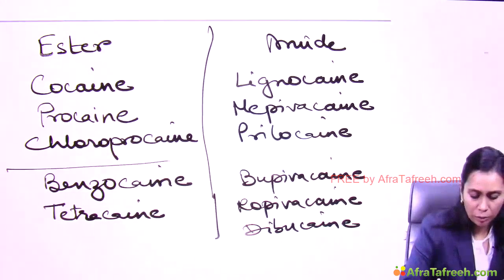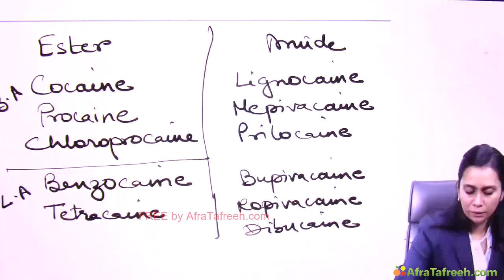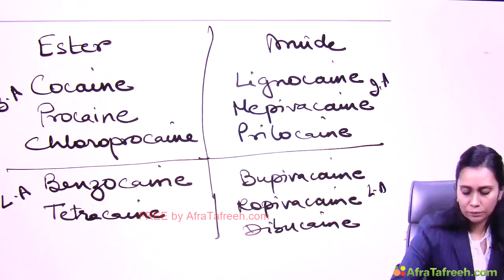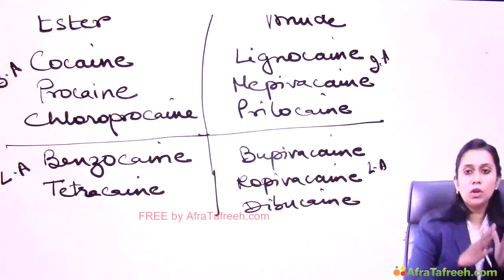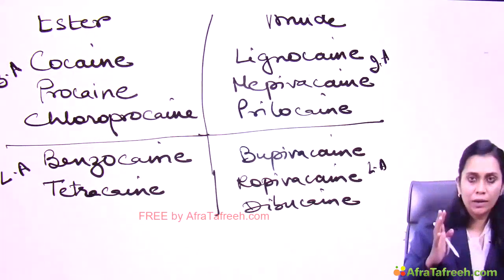First three drugs of the ester group are short acting, last two long acting. Amide, first three drugs intermediate acting and last three long acting. This is according to the duration of action, right? Short acting, intermediate acting, long acting.